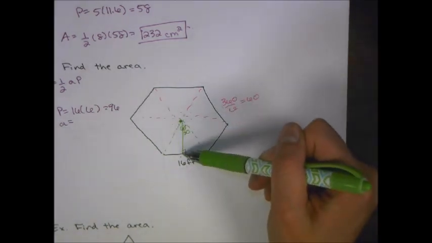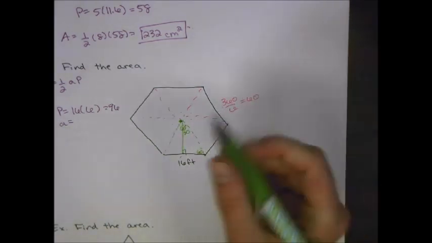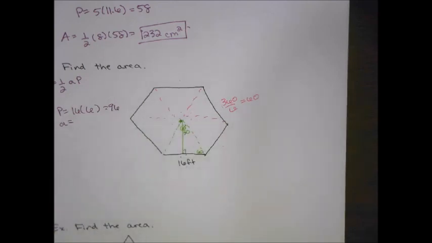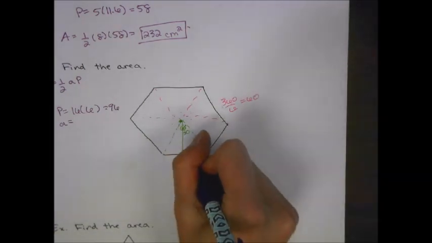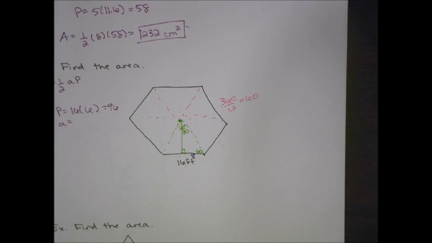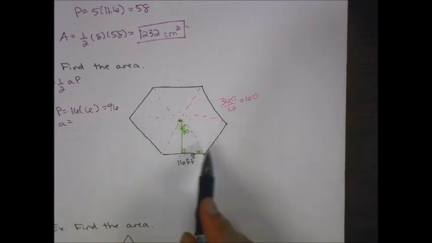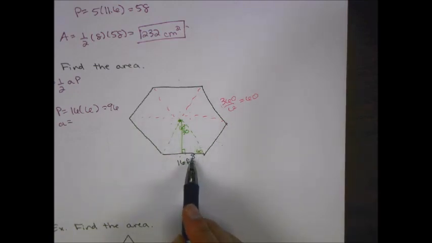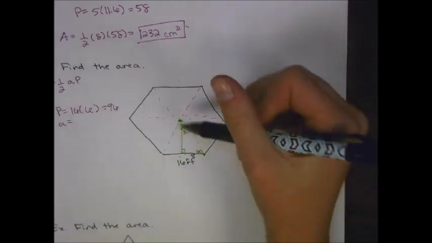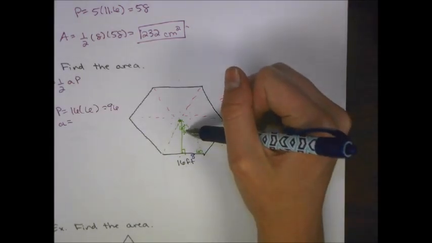When I draw my apothem, it's also cutting my side in half, so my side is 8. So here I have a 30, 60, 90 triangle with a side of 8. 8's across from 30.